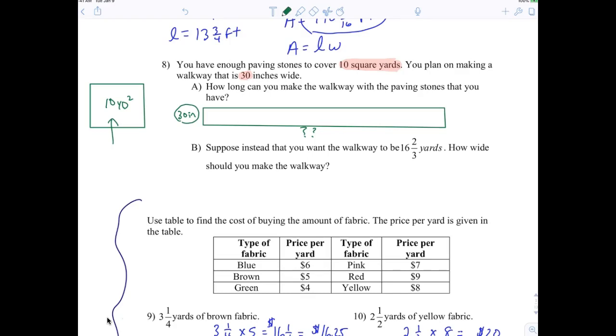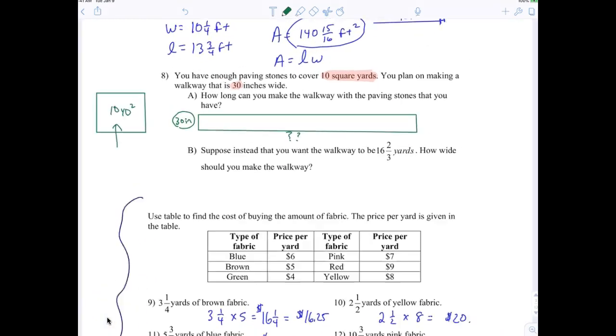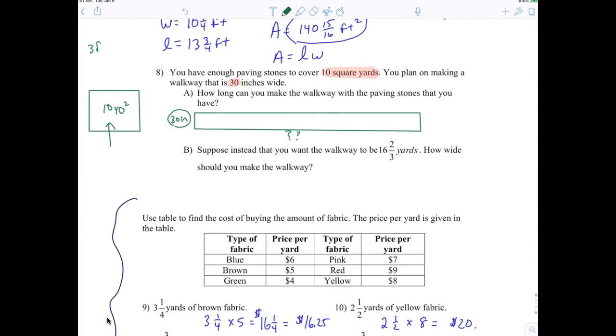Yeah, 36, because how many feet are in a yard? 3 feet. If you don't know that, we've got to write some notes. 3 feet is equal to 1 yard. And because 1 foot has 12 inches, then 1 yard would have 36 inches. Everybody agree with that?